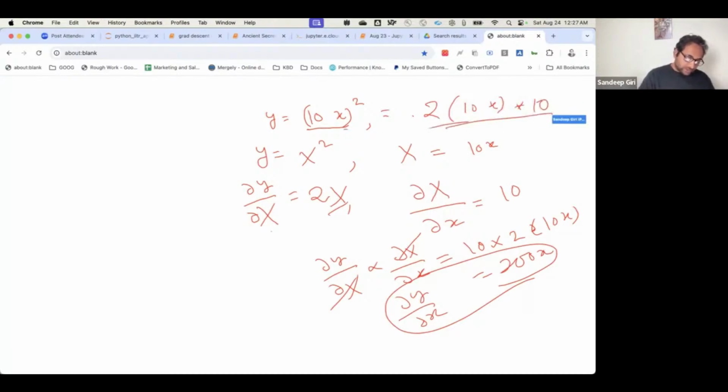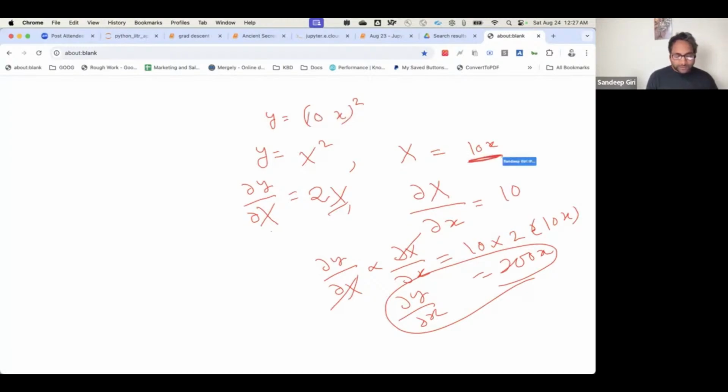So the way to solve such problems is that if you know the formula, we just use the formula of x square. We know that if something is squared, what to do with that. And we also learned that if something is multiplied with 10x, that one is 10, and this one is 2x. Now we multiply the two things, and this dx from both sides gets cancelled, and you get the answer.